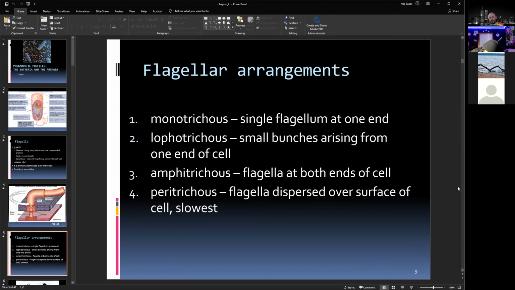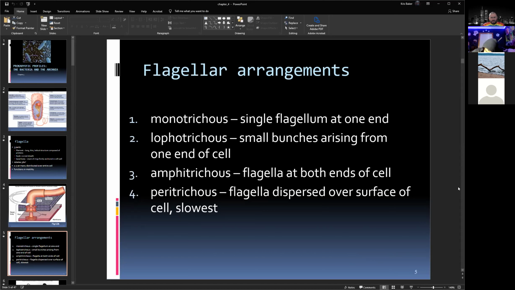You may have a critter, and that's my affectionate name for the bacterium, that's lophotrichous, where you have 2 or 3 or maybe even 5 flagella coming out of one end. Some of these have flagella at both ends, and those are amphitrichous. Kind of like ambidextrous, using both, or in this case, both sides of the cell.